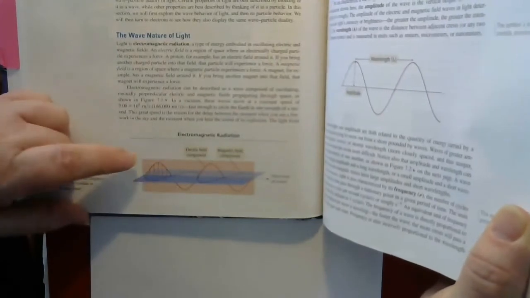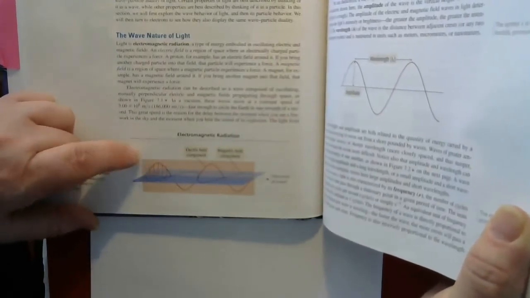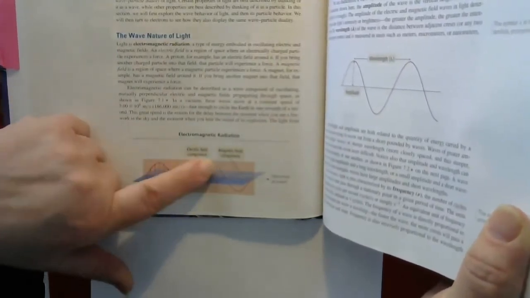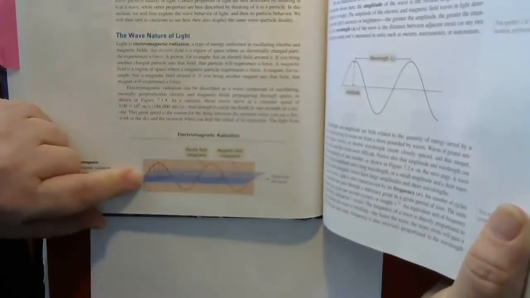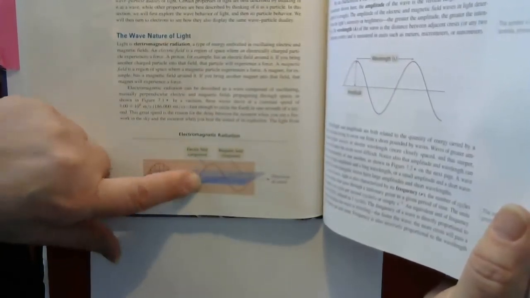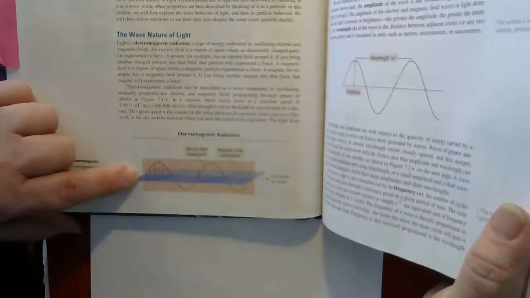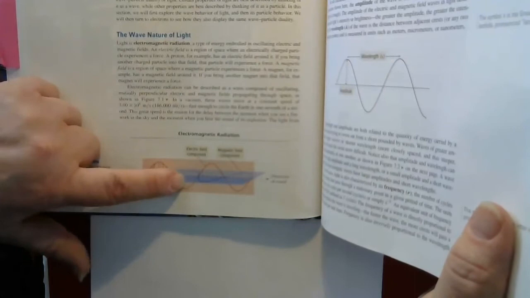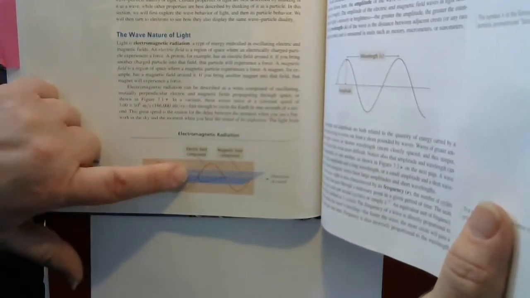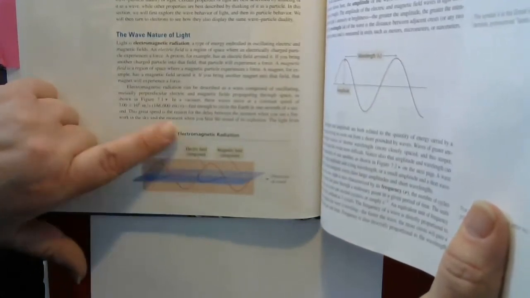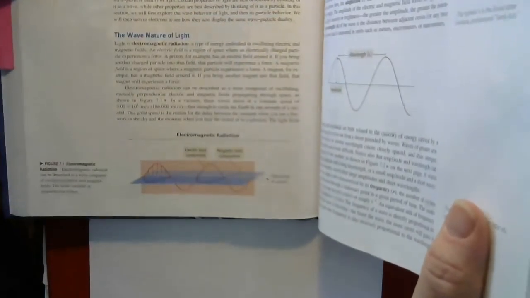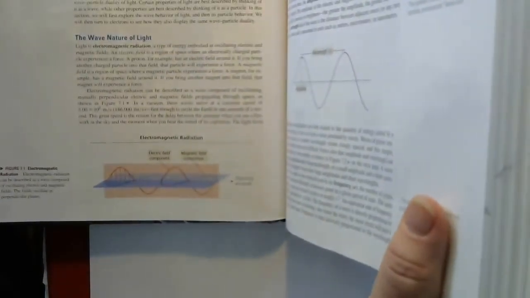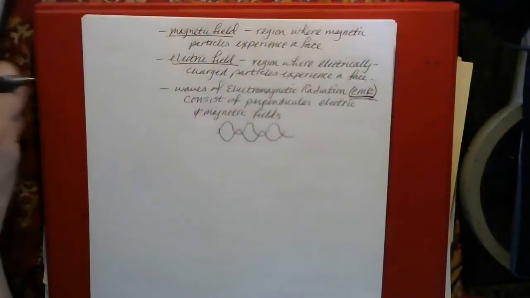You notice how the electric field goes up and down flat against the paper, while the magnetic field is coming in and out of the paper at the same time. The peaks and valleys of the electric and magnetic fields line up with each other. It's just that they are perpendicular to each other.